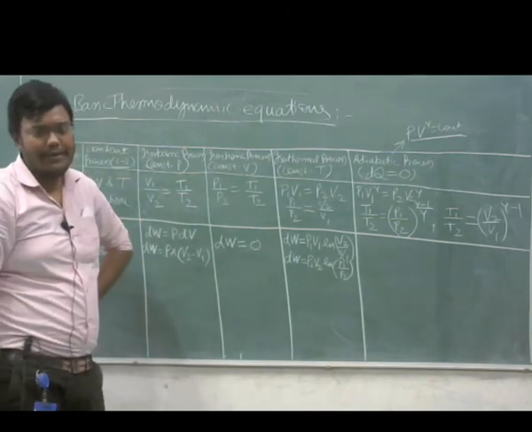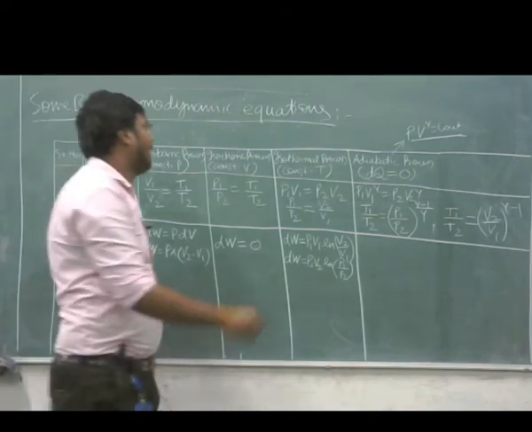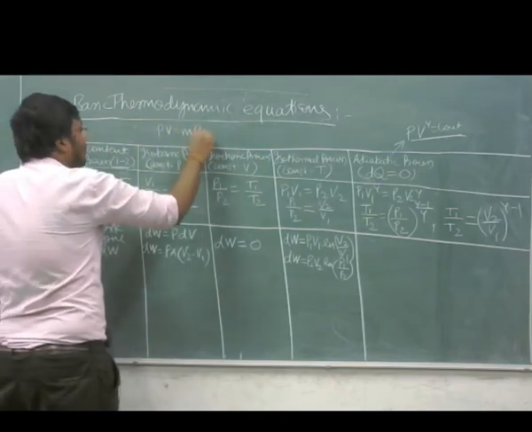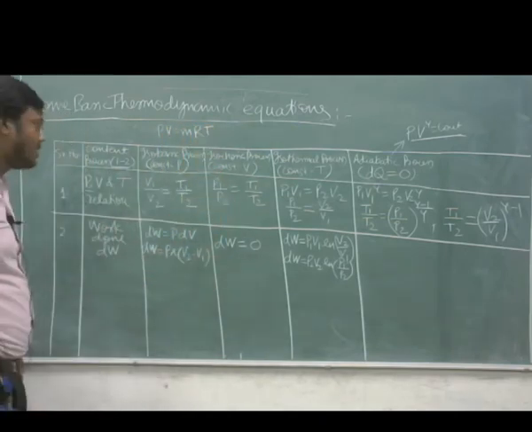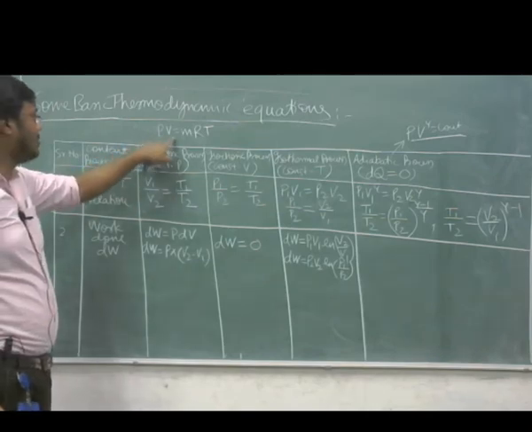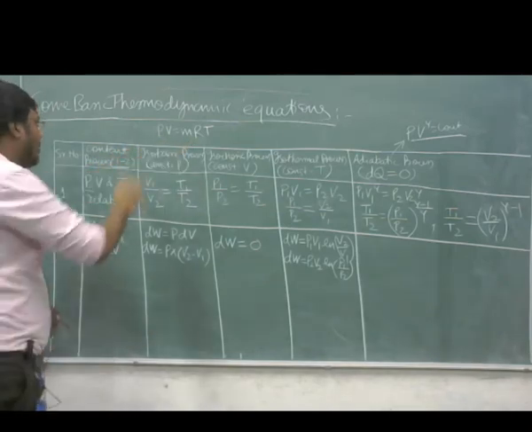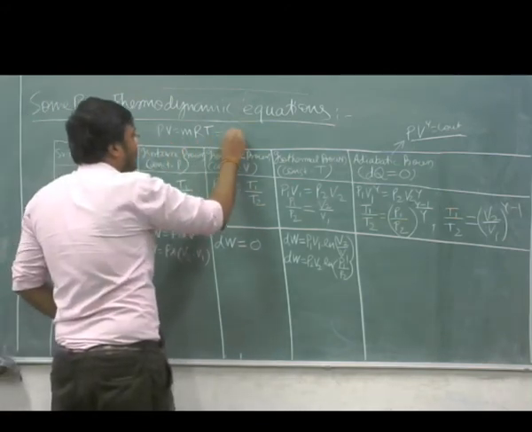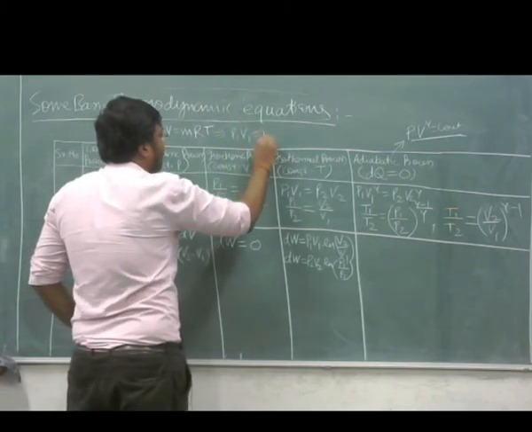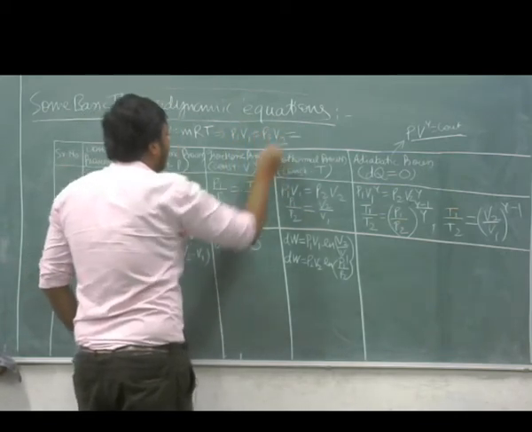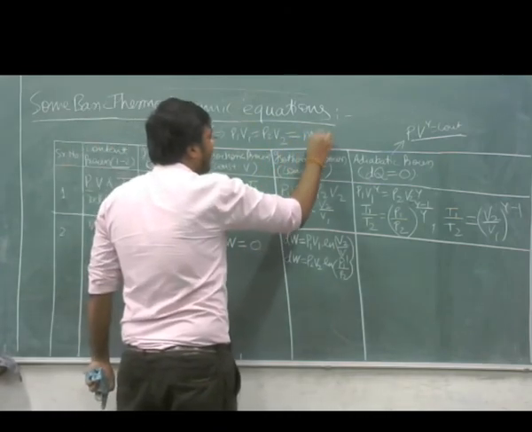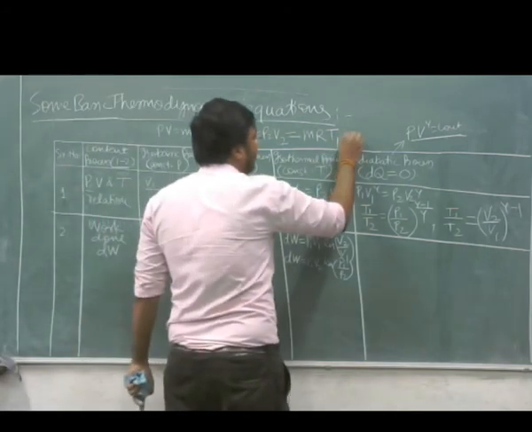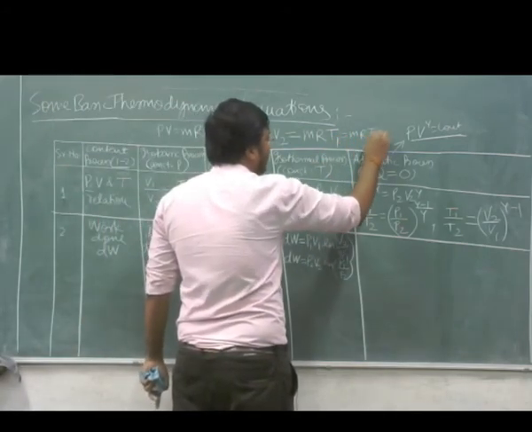We know the basic formula for the ideal gas. What is the basic formula? PV is equal to MRT. You have studied that. This is the ideal gas equation. If we write this equation between point 1 and 2, we can say P1 V1 is equal to P2 V2 is equal to MR T1, is equal to MR T2.